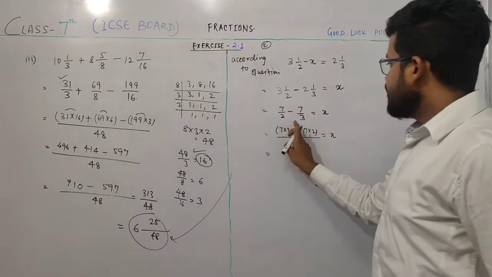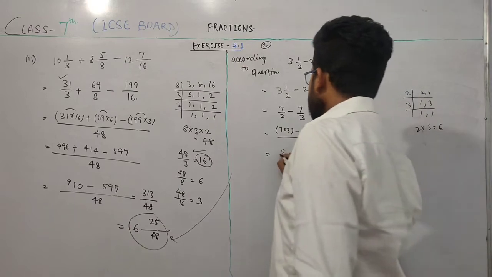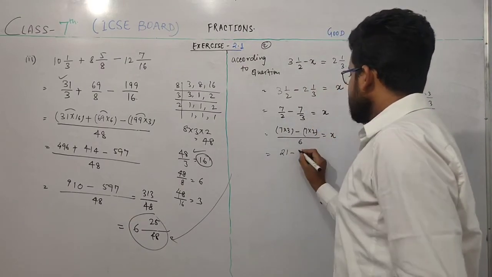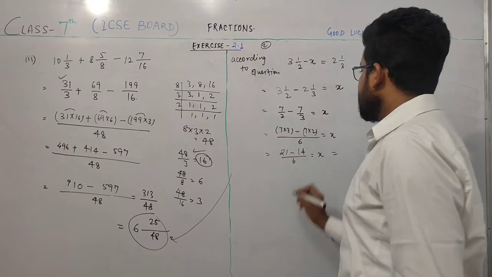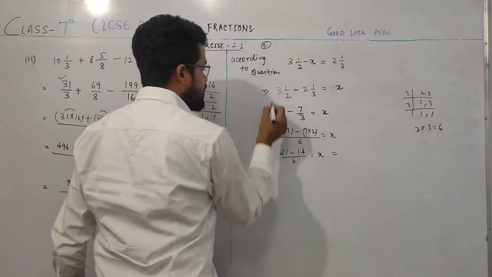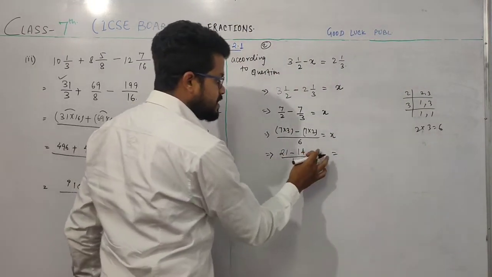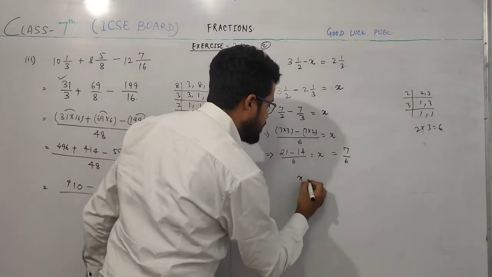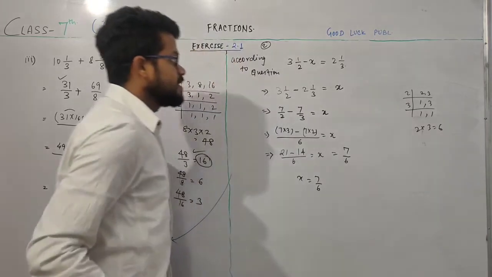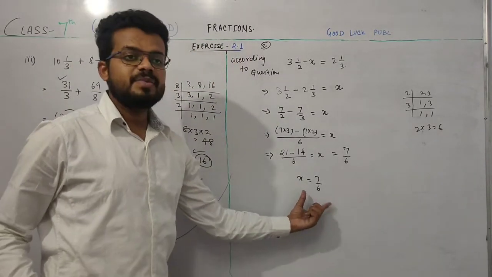Now 7 into 3 is 21 and this is 14, over 6, is equal to x. This implies 21 minus 14 is 7/6. So the value of x is 7/6, and the answer is 7/6.